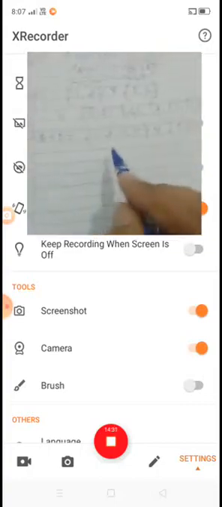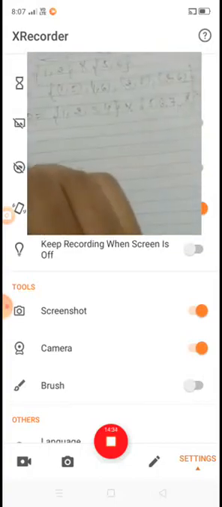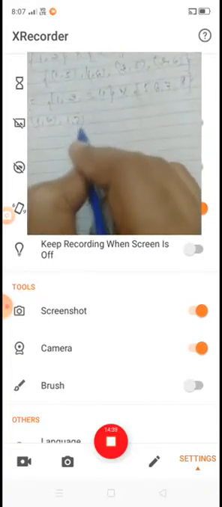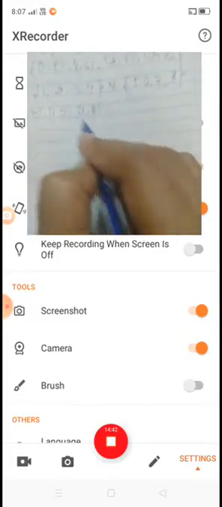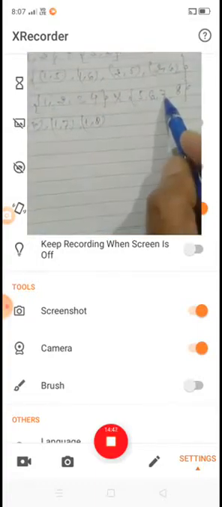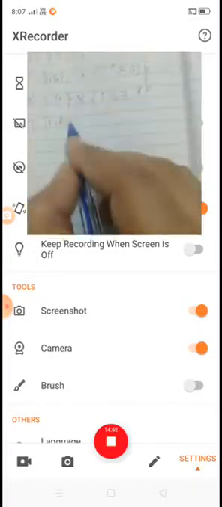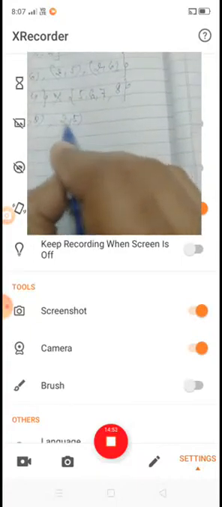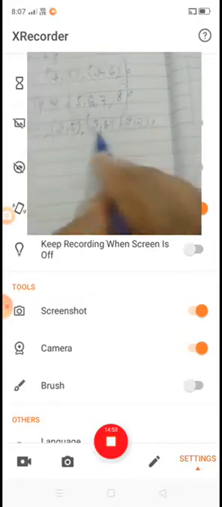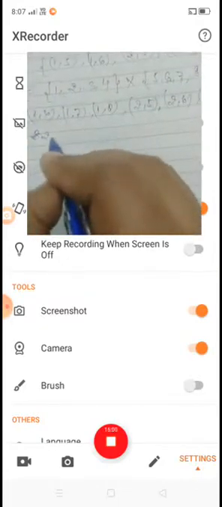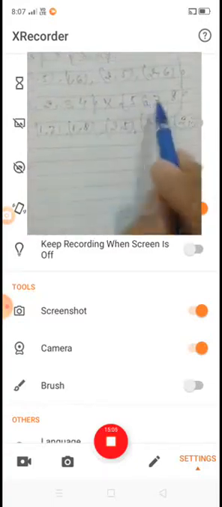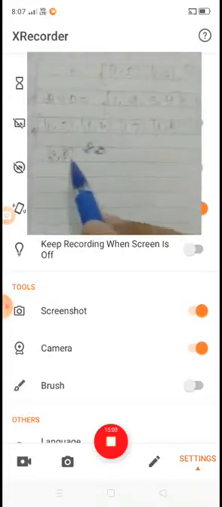Okay, now we find B cross D as (1,5), (1,6), (1,7), (1,8). Okay, then (2,5), (2,6), (2,7), (2,8) in the form of ordered pairs.